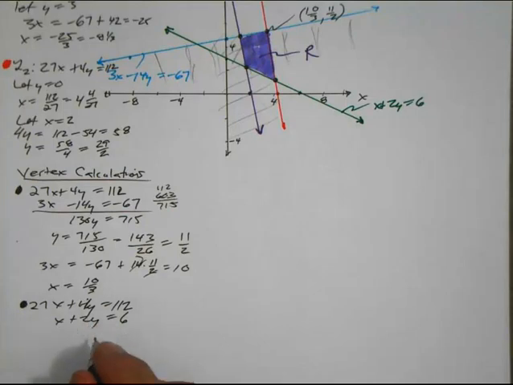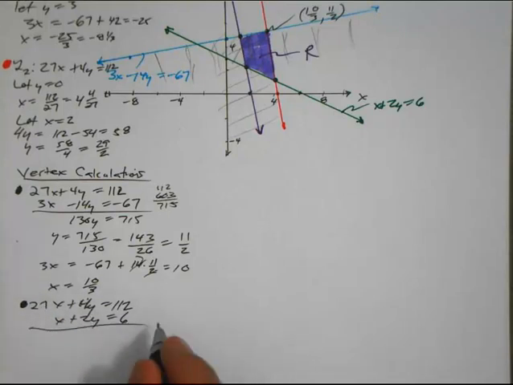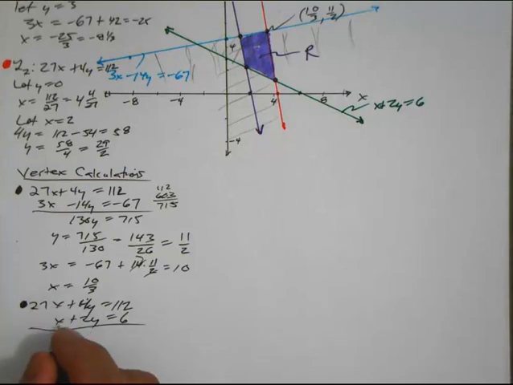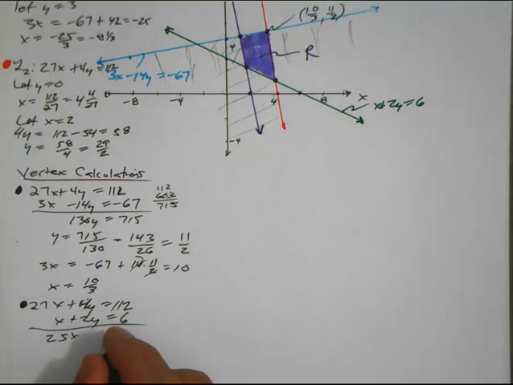Alright, let's see, what have we got here? We've got a chance to use a nice elimination method. Looks like the first equation minus 2 of the second will eliminate the y's. Let's try it. 27x minus 2x is 25x. The y is eliminated. 112 minus 12, okay, 100.